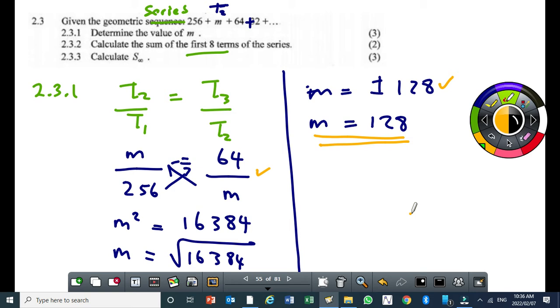So, can you copy this down quickly, please? How many of you have done it at home? Raise your hand. There is no one.